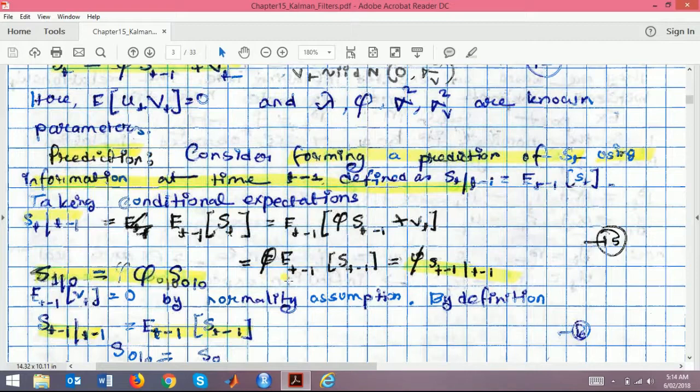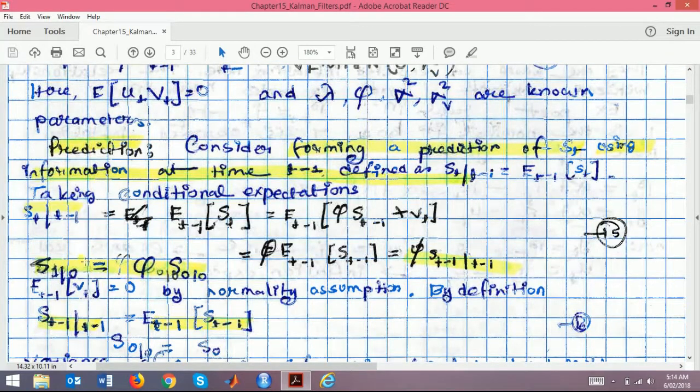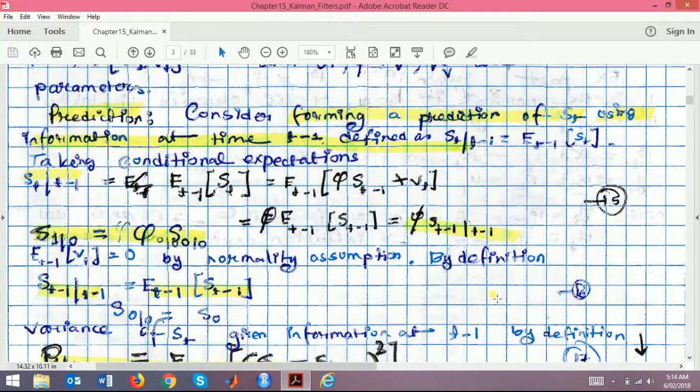So phi times the expectation at t minus 1 of st minus 1, that was the initial latent factor, is phi st minus 1 updated slightly. If we are talking about s1 given 0, that becomes phi s naught conditional upon information at 0, phi s naught given 0.